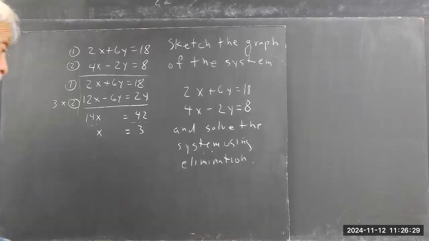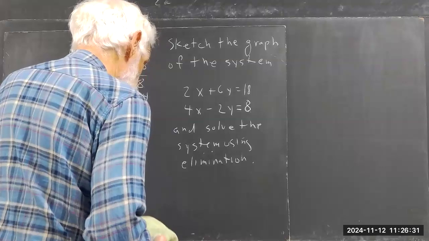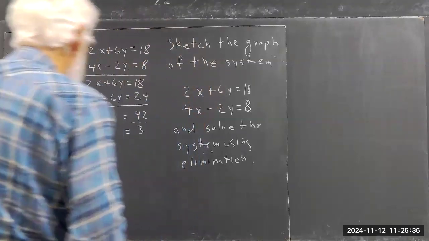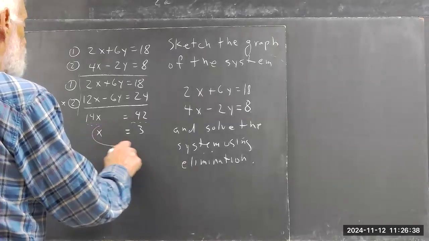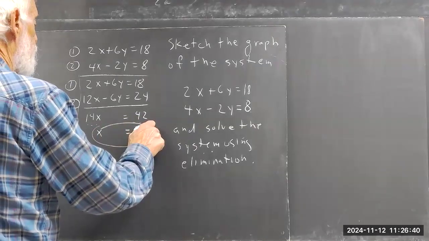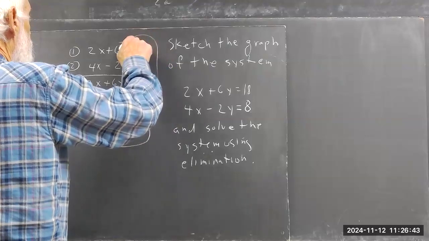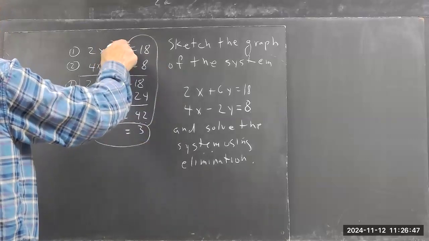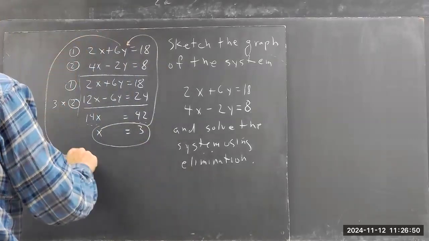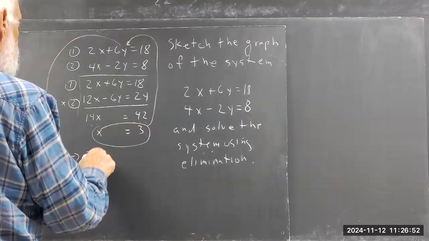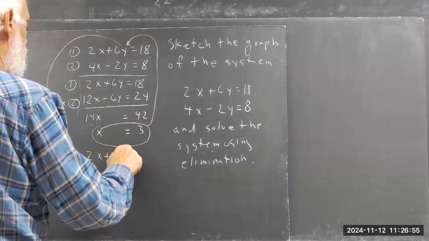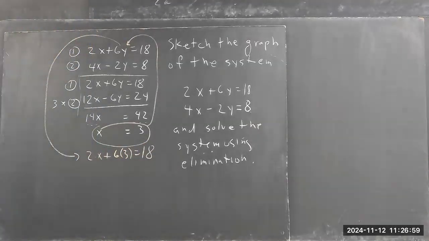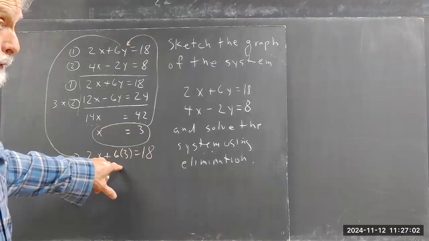Now that you know that the solution occurs when x equals 3, you take x equals 3 and you plug it back into one of the equations. I'll usually go to the first equation because it's easy to put the arrow there. And that brings you around to the equation 2x plus 6 times 3 equals 18, 3 being a solution for y.